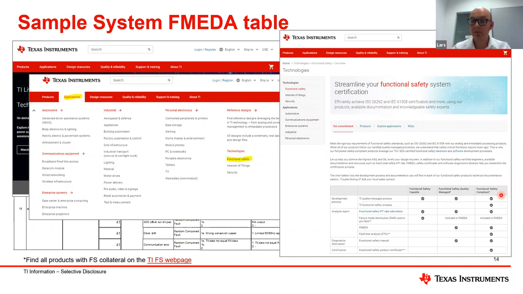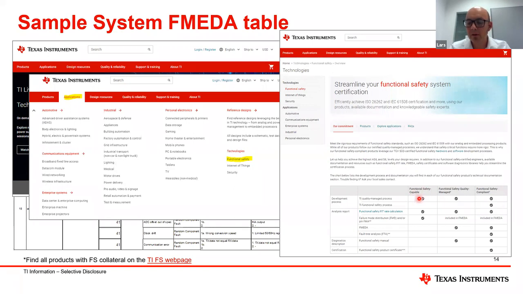So they are assessed, for example, by TÜV. So you can very simply use them for your functional safety application, but of course still you need to assess your final application with TÜV as always, or with any other certification body, others like EXIDA, for example.